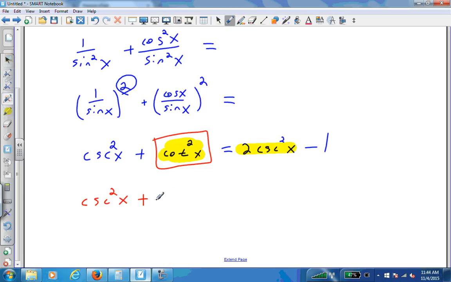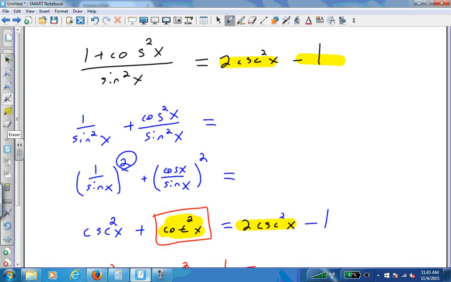We're changing this to another cosecant squared x minus 1. Cosecant squared, another cosecant squared makes 2 cosecant squareds, and then we have a minus 1. Same thing we had on the other side. Not the only way we could have done that. That's just one way.